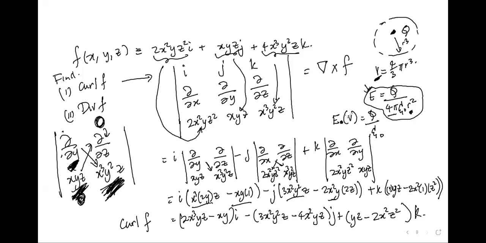So if you take the dot product, if you differentiate E and then you differentiate the volume or the area surrounding, then you'll be able to get the charge divided by epsilon naught.